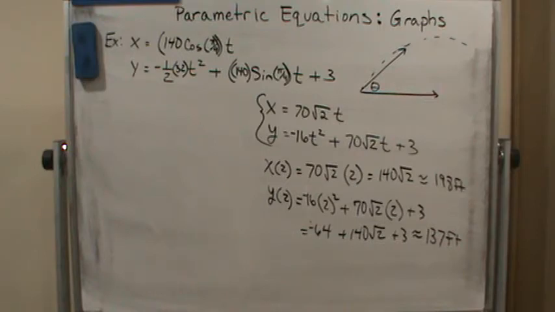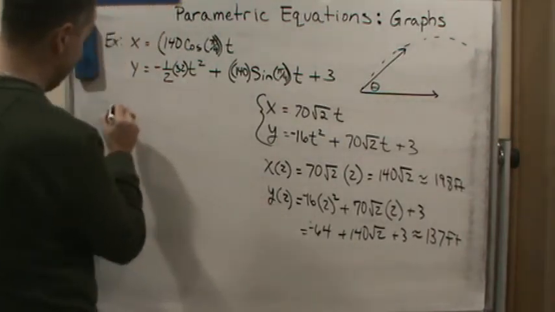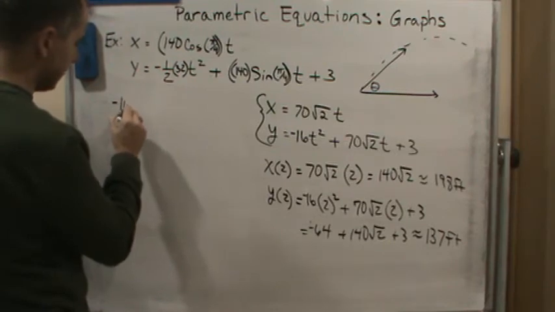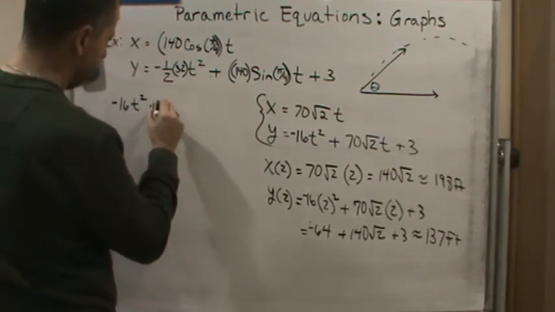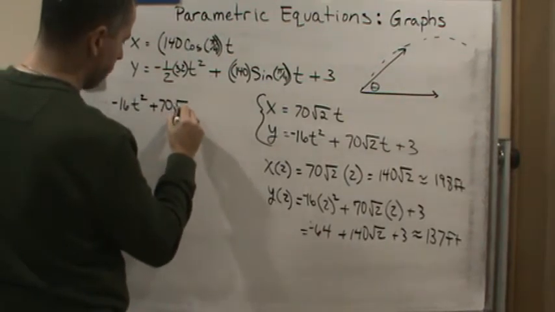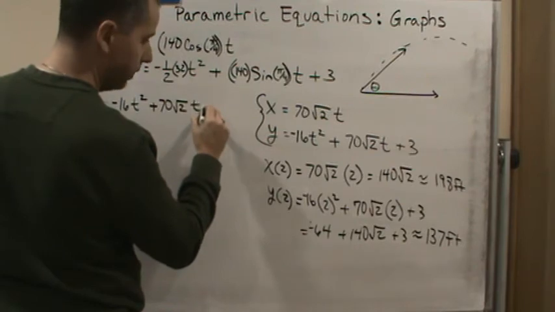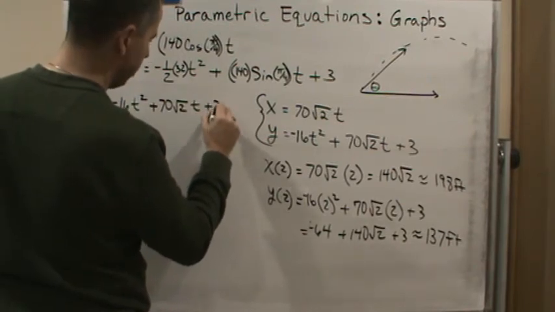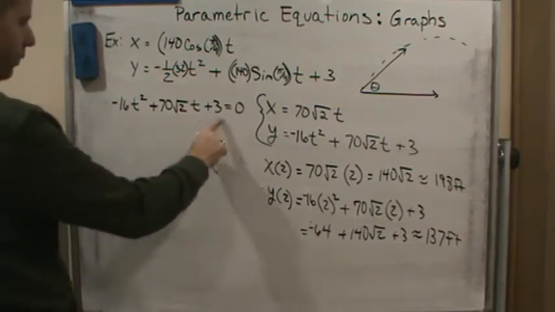And we end up with a quadratic equation to solve, right? Because this is going to be what? Negative 16 t squared plus 70 times the square root of 2 t plus 3 is equal to 0. And so we've got a quadratic equation here.